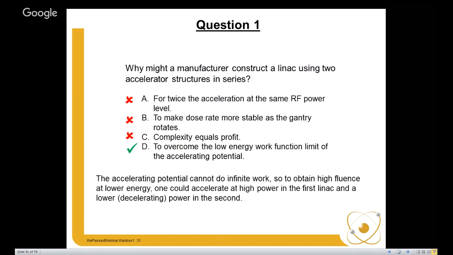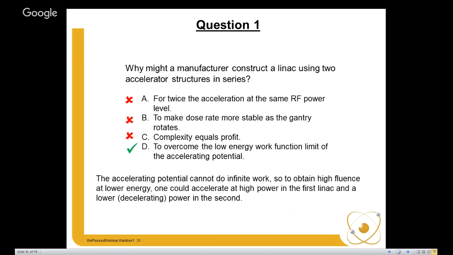And very much like the case of the energy switch in the variant accelerator, the single accelerating potential cannot do infinite work. But if I take 2 accelerators and put them in series and feed each one a different level of RF power, I could obtain a high dose rate both in high and low energy photons by controlling the amount of acceleration occurring in each of the accelerators.